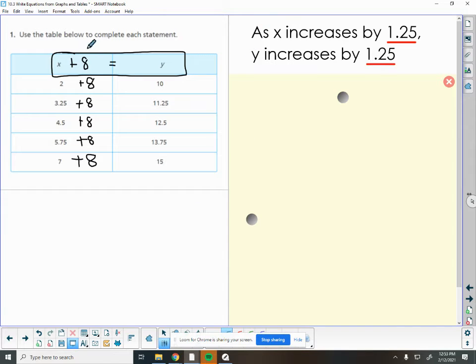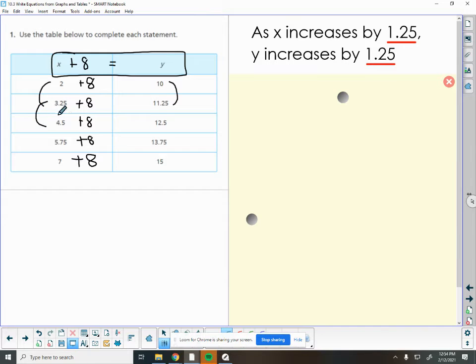There are also patterns that sometimes go up and down depending on how the chart was filled out. We've seen charts that don't go in order. This one happens to go in order. Every time X increased from 2 to 3.25, that is 1.25. So every time X went up by 1.25, Y also went up by 1.25.